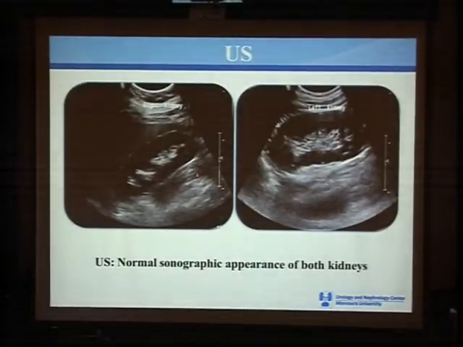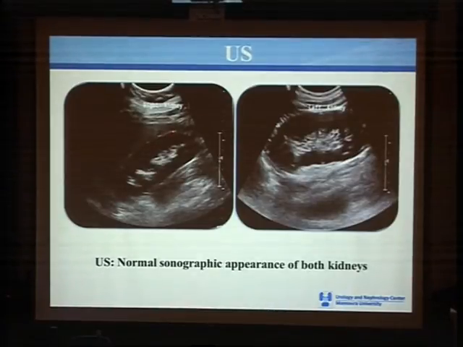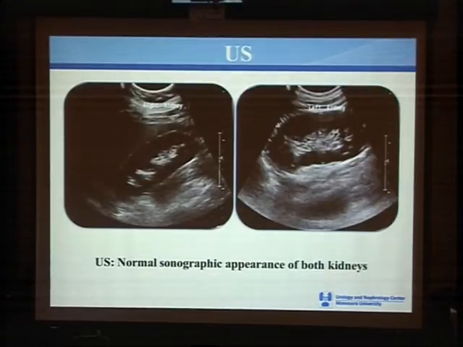This is the normal kidney. You know the landmarks: this is the renal capsule. Why is it bright white? Because of fat around the renal capsule. And this is the pelvicalyceal system. It is also bright white because of fat and because of blood vessels. And these black dots inside the white area are the renal calyces.